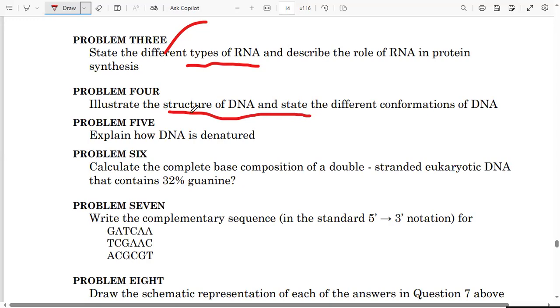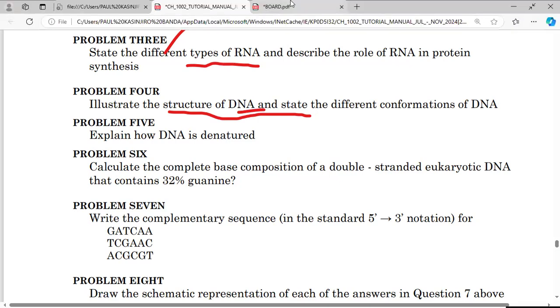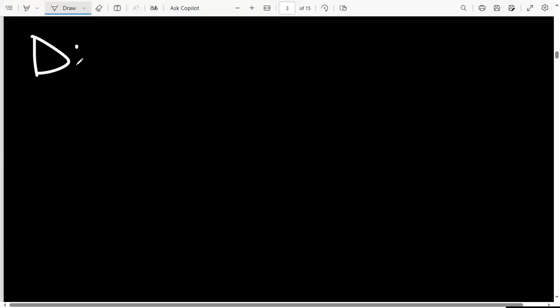So DNA is a double strand with the nitrogenous bases pairing. The guanine pairs with the cytosine, and the thymine pairs with the adenine.